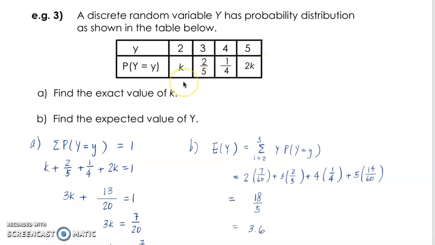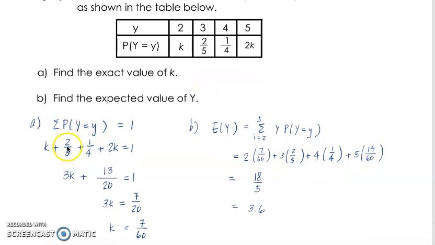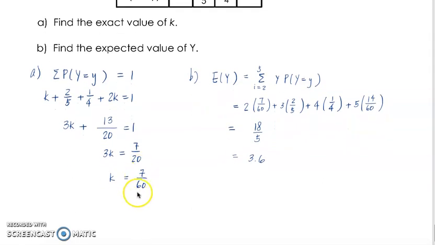So that means I can set up an equation to say that, well, if I add k plus 2 over 5 plus 1/4 plus 2k, that must equal to 1. And you can solve this equation and look for the value of k.